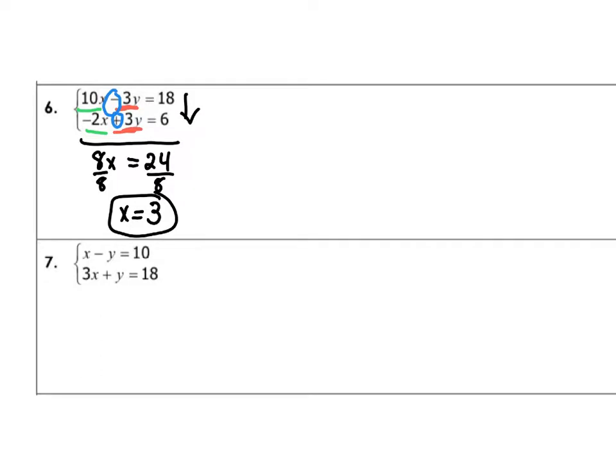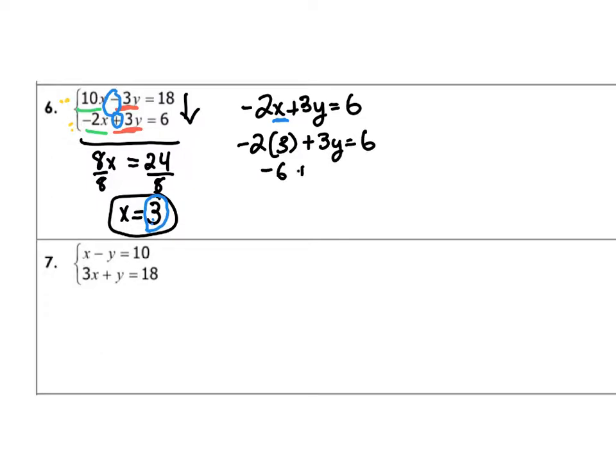And now we're just going to pick one of these two equations to substitute in. It doesn't really matter which one you pick. I'll pick the bottom one, but you could pick the top one. You're going to get the same answer. So -2x plus 3y equals 6. We solved for x, so we're going to substitute 3 in for x. So -2 times 3 plus 3y equals 6. -6 plus 3y equals 6.